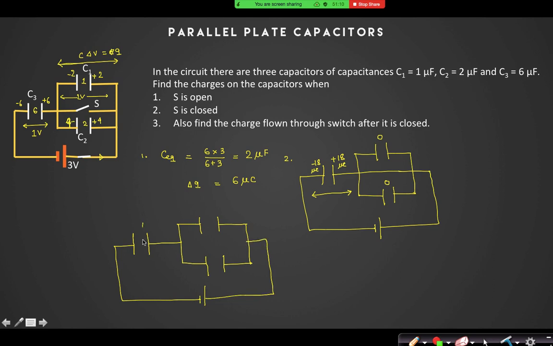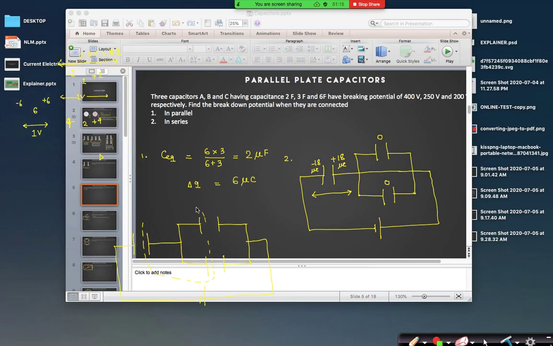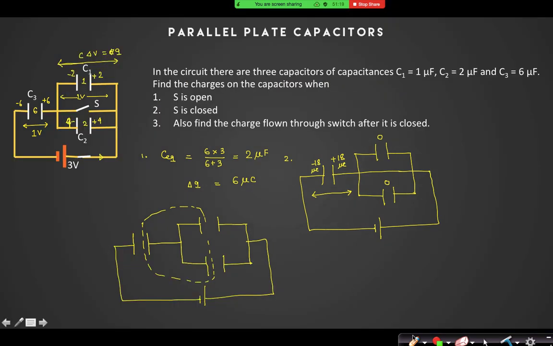Can you see that these three plates are isolated from the system? There is no wired connection with those three plates. How do I know if the plate is isolated or not?